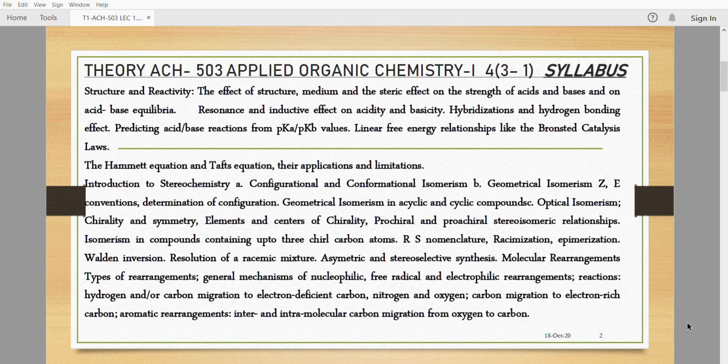So before going to stereochemistry you should be well aware of isomerism. Isomerism is divided into two major categories. Number one is structural isomerism, also well known as constitutional isomerism, and another is stereoisomerism. Structural isomerism or constitutional isomerism, you can draw on the whiteboard or on your copy, so it is not difficult to understand there.